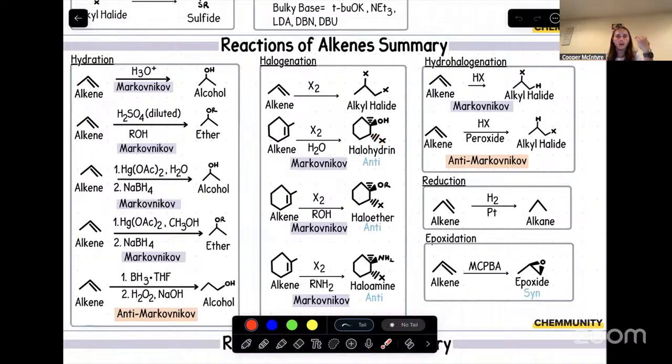So since one is wedged facing one direction and one is dashed facing the other direction, it's going to be an anti-addition. And then if you look down here at our epoxide, great example of a syn addition since what we added is on the same side.